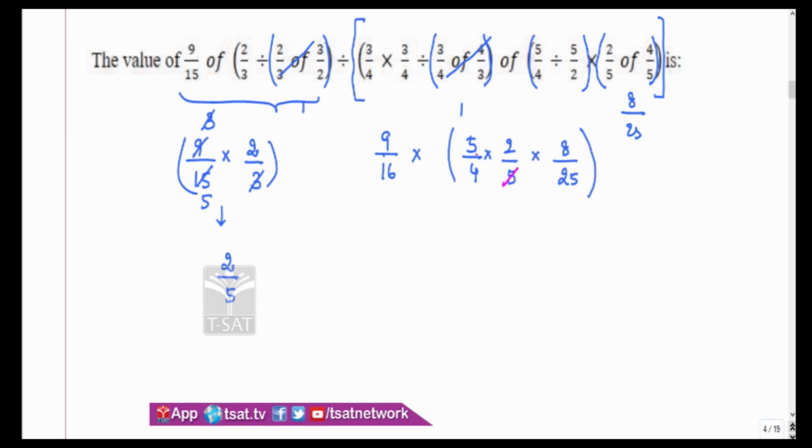5, 5 cancel. We have 9 by 16 into, this is 4 by 25. Nine by 100.